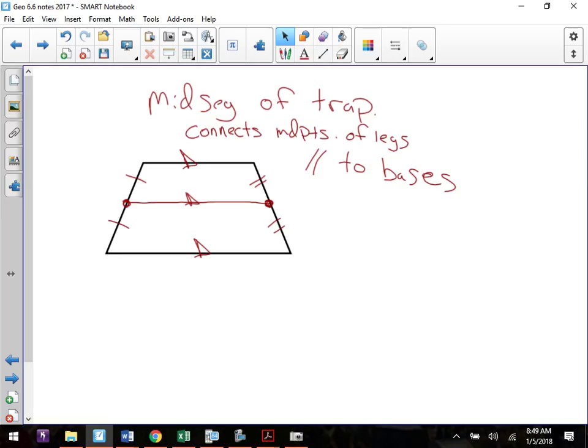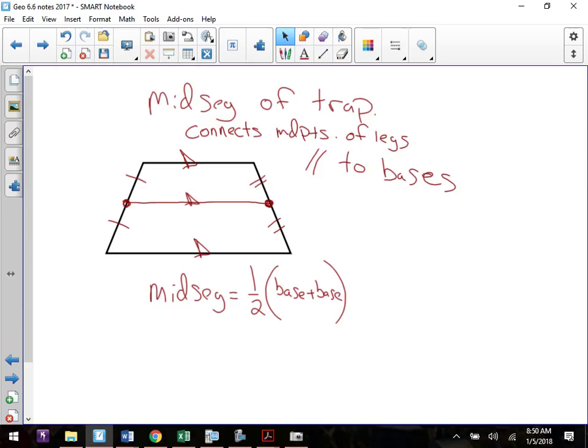And quite honestly, the craziest thing you wind up with is a bunch of congruent angles because of parallel lines and transversals. Other than that, you guys have all worked with mid-segments. Mid-segment is equal to half the sum of the bases. It's the average of the two.